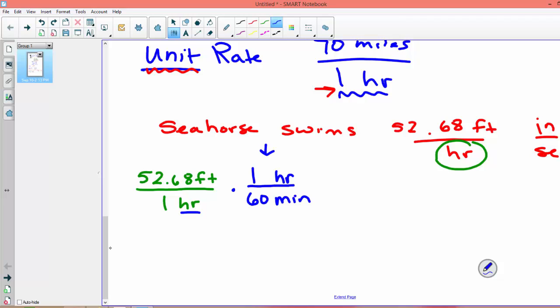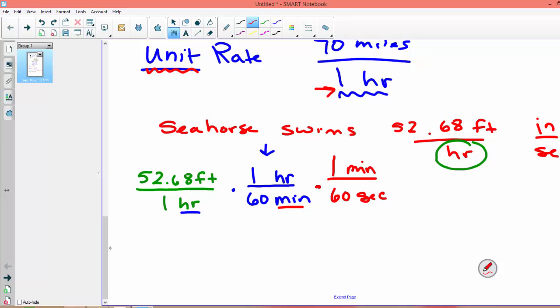It's a conversion, so you can multiply by that. Now we still need to get minutes to seconds. So the word minutes is on the bottom, so we need to put the word minutes on top and seconds on the bottom, and there are 60 seconds in 1 minute.